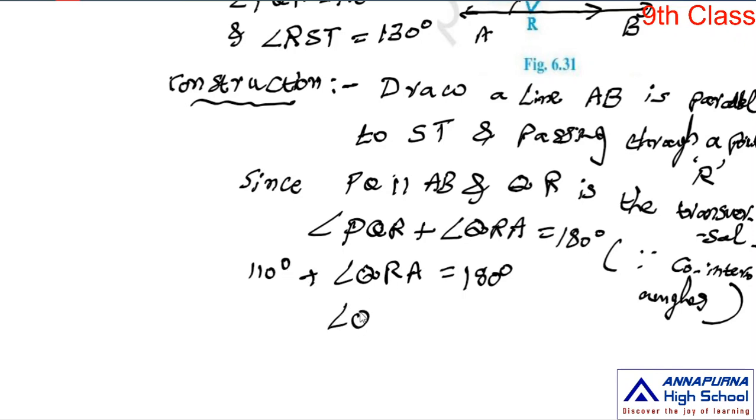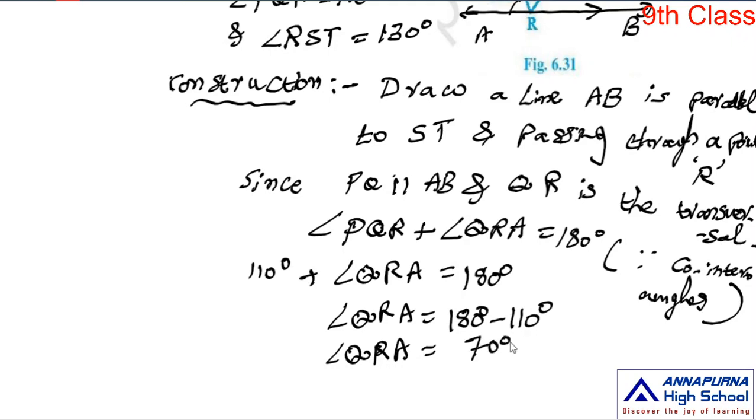Therefore, angle QRA is equal to 180 degrees minus 110 degrees, that is equal to 70 degrees.